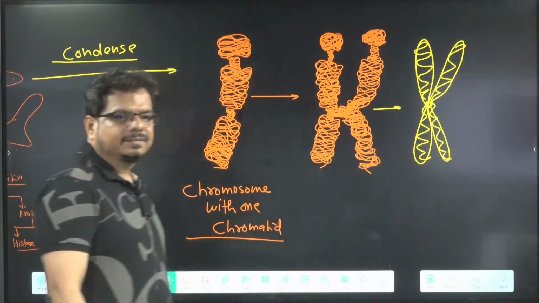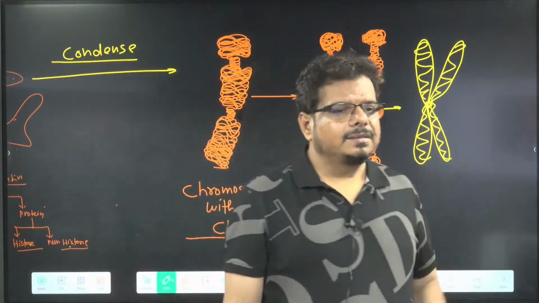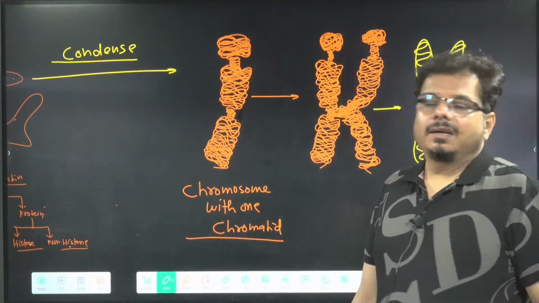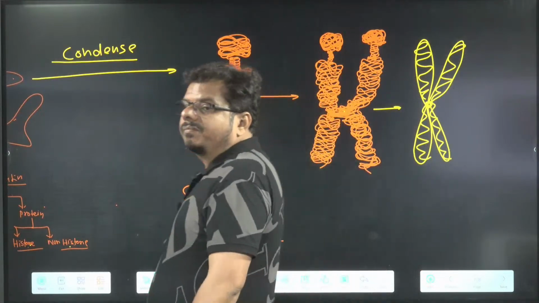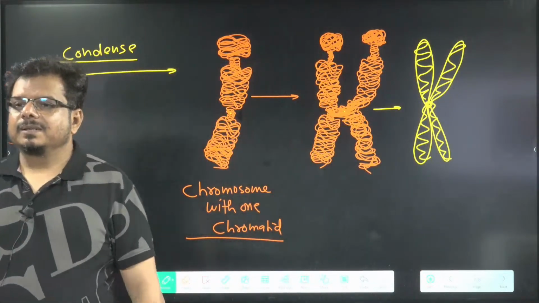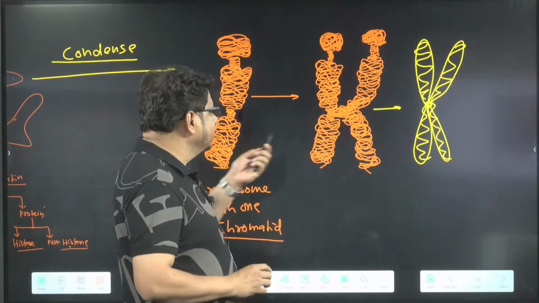Is it all right? Agree, understanding the idea? Now you can say, sir, I know this chromosome. You are telling this chromosome. What is correct? Both of us are correct. This is also a chromosome. This is also a chromosome.